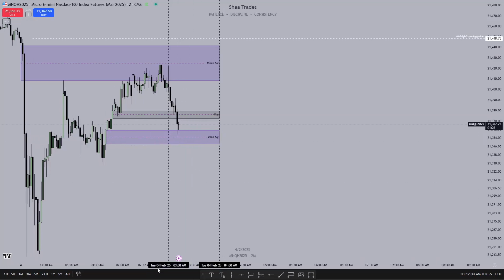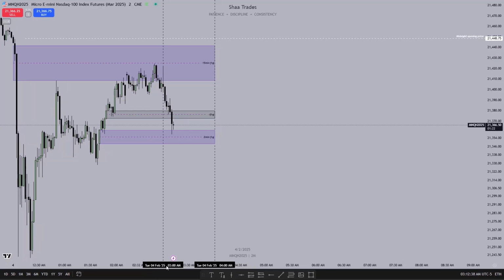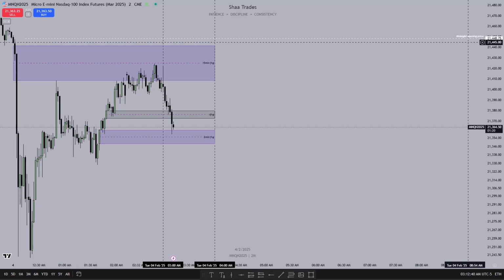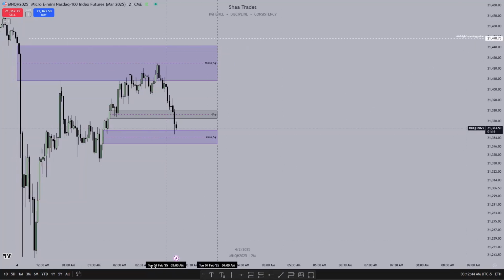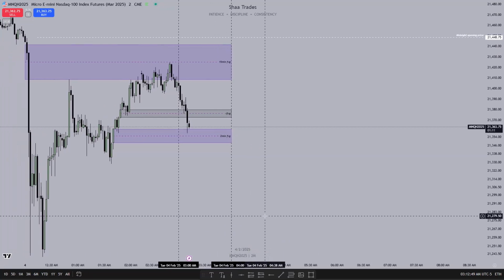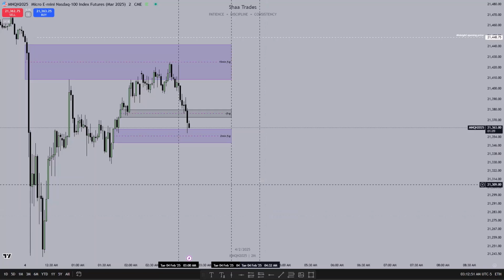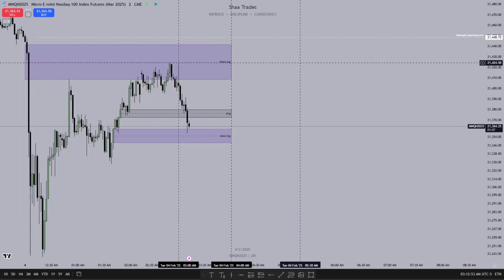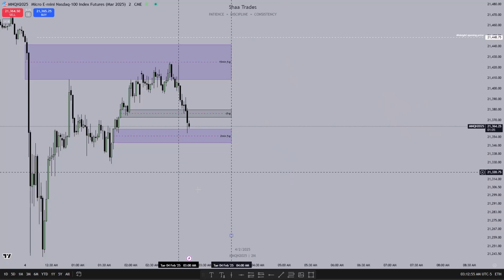So let's see what happens here. Also to note that we are below the midnight open. So with that, I would like to look for a long setup going back to the midnight open.